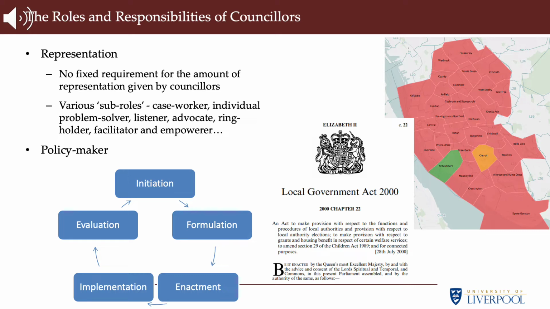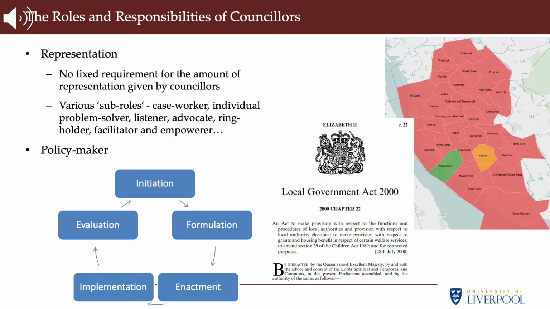Most councillors, however, do choose to do these things, and much more besides, in which case they are likely to find themselves acting in several distinct representational sub-roles. In addition to caseworker and individual problem solver, they also have to be listeners, advocates, handholders, facilitators, and empowerers.